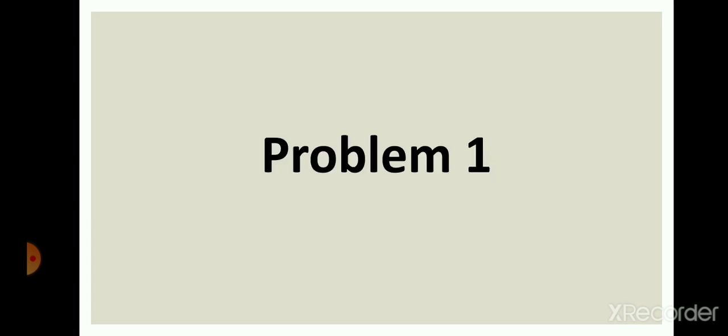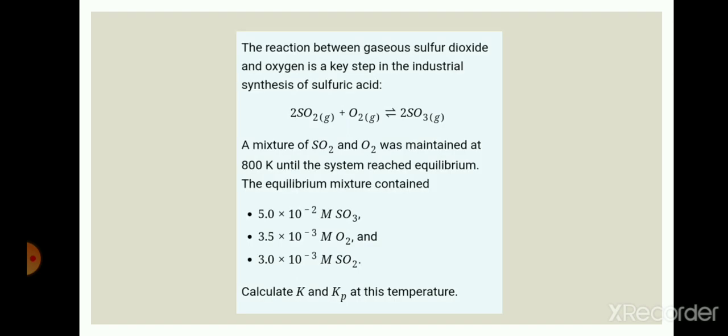So for this lesson, I've prepared five problems. Here is problem number 1. The reaction between gaseous sulfur dioxide and oxygen is a key step in the industrial synthesis of sulfuric acid. A mixture of SO2 and O2 was maintained at 800 Kelvin until the system reached equilibrium.